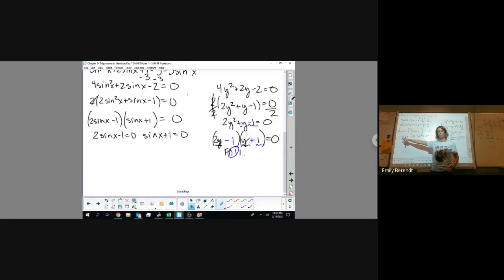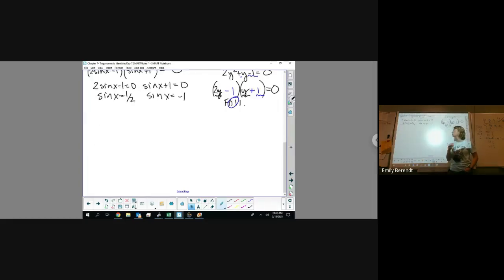Add, and then with the 2, divide. So sine of x equals 1/2. And then over here, the sine of x equals -1. So x equals the inverse sine of 1/2, and x equals the inverse sine of -1.